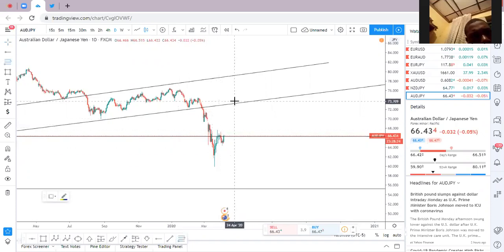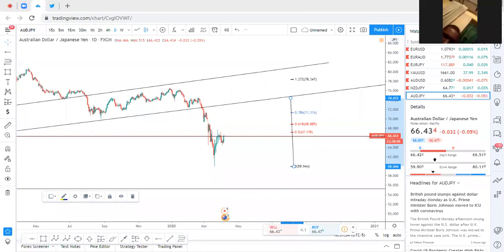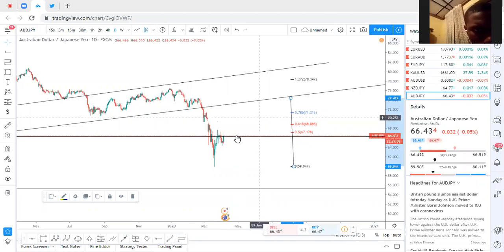So I'll be using my fib, starting from where the drop, the higher to the low, week to week. So we have our 0.618 here, we have our 0.5 here, which is why currently the price is consolidating around this area. So this is why we are already having a consolidation around this area, 0.5 area.